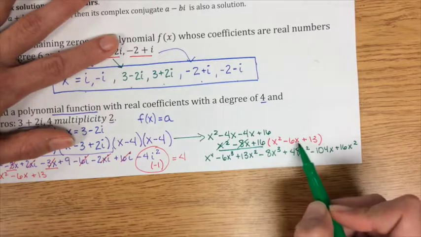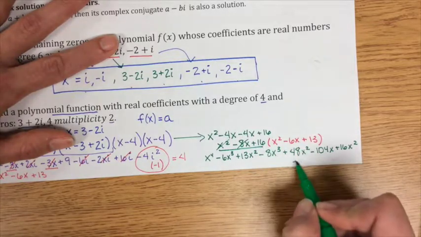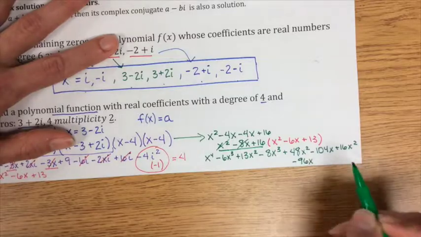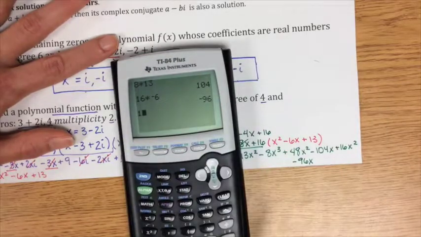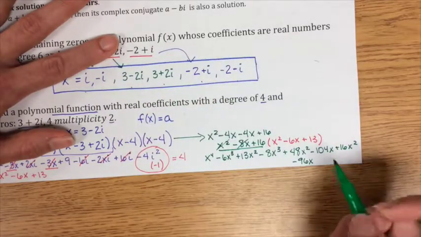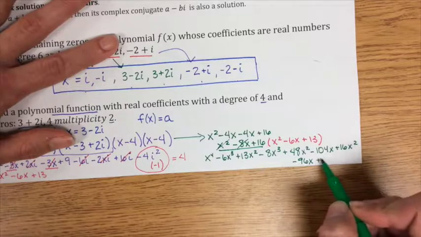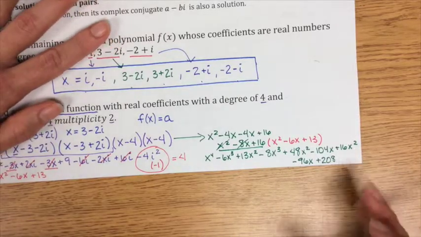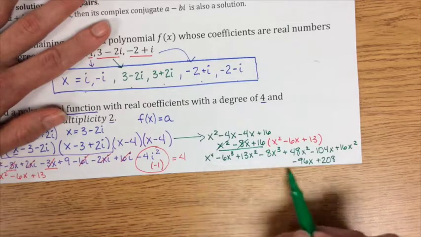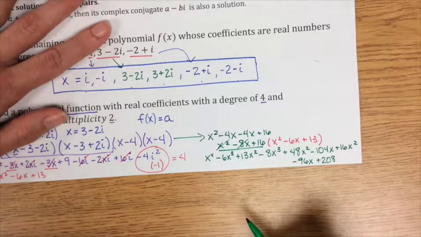So 16 times -6x is -96x. And 16 times 13 is 208. So plus 208.